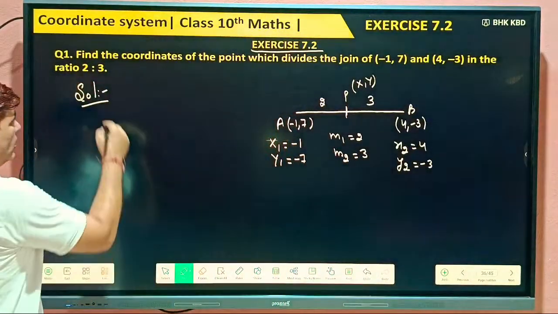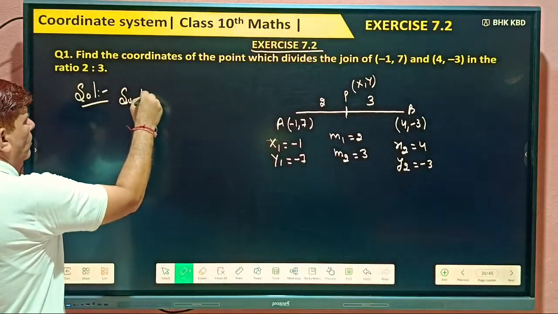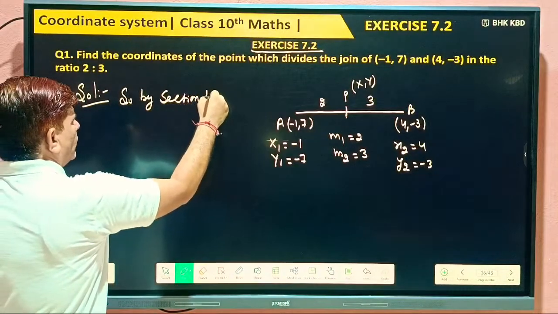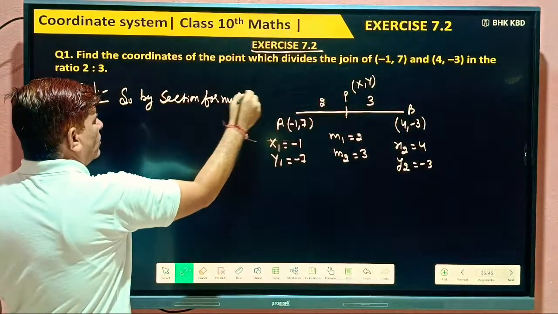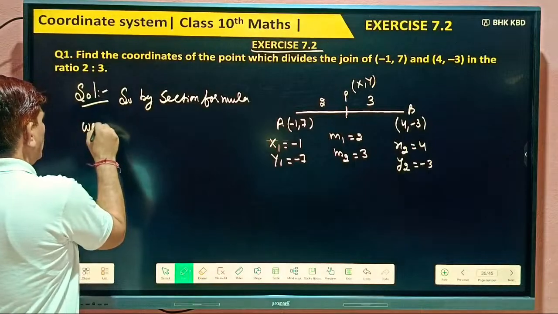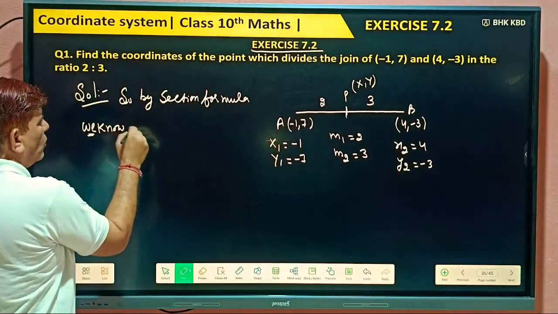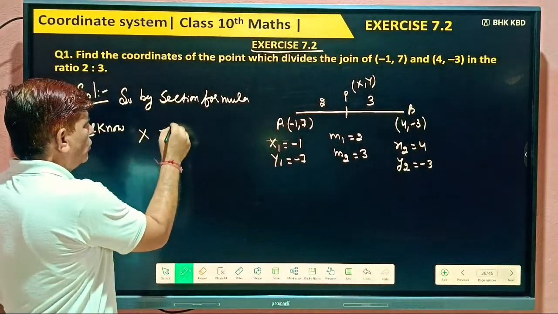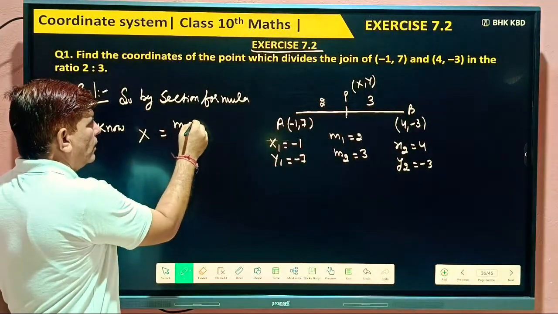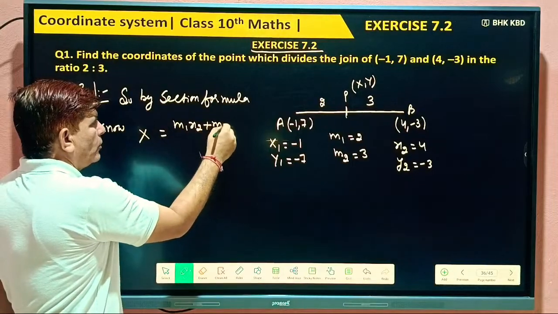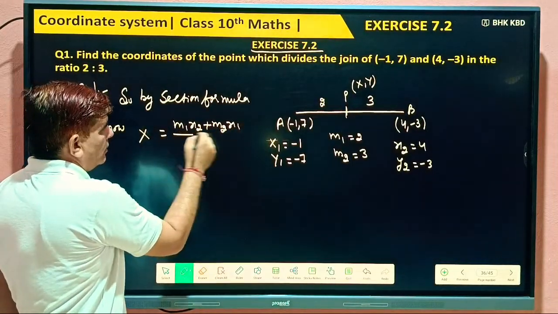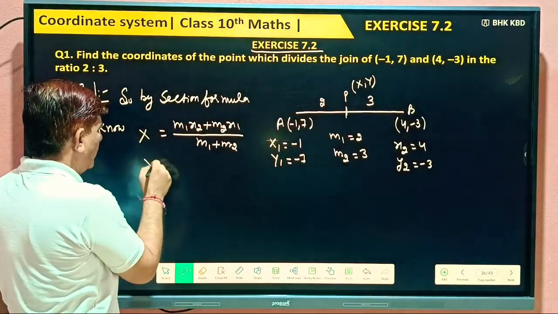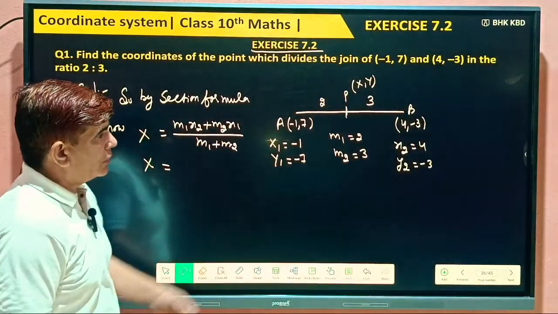So apply the section formula. By the section formula, which we know, x equals m1 x2 plus m2 x1 divided by m1 plus m2. So find out this. M1 how much? 2.